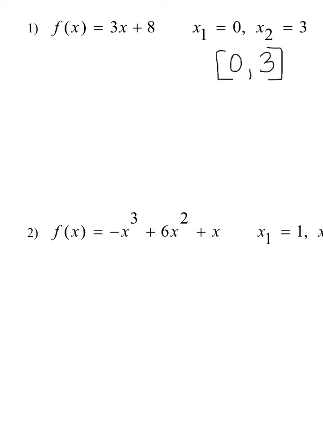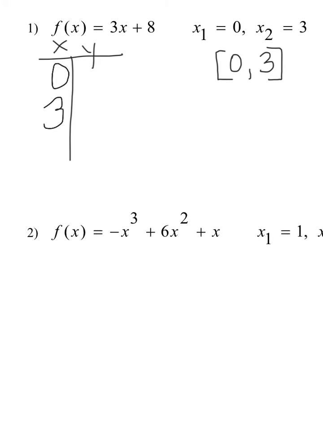So between this interval, the domain from 0 to 3, we want to know what the slope is. We start by creating a table of x, y values, and we use the two values they've given us as our x values. This one is my x1, which is 0, and my x2 is 3.